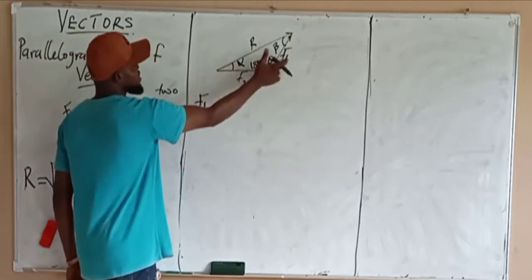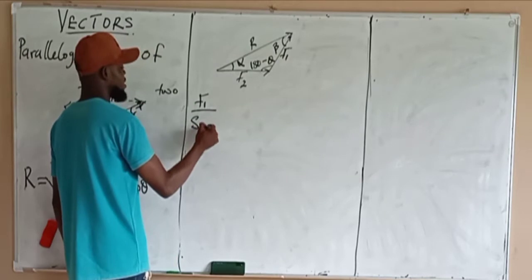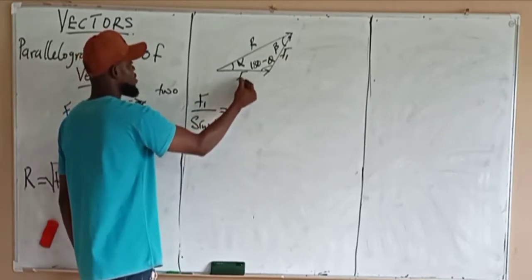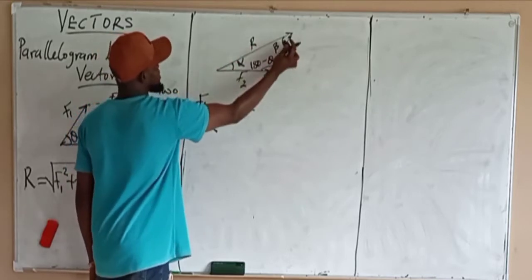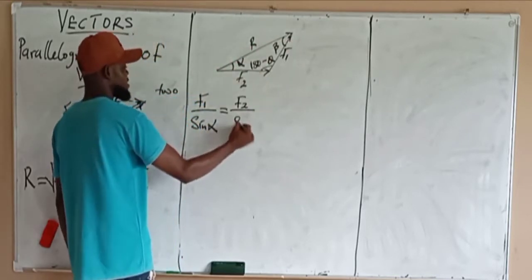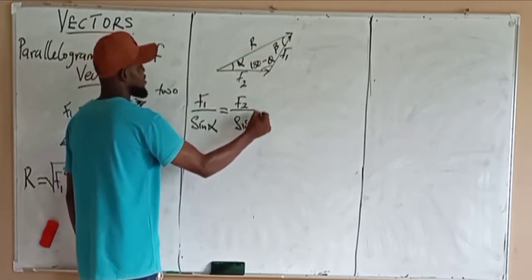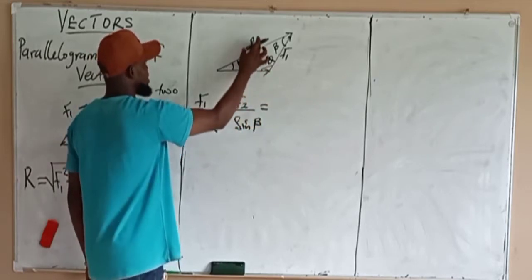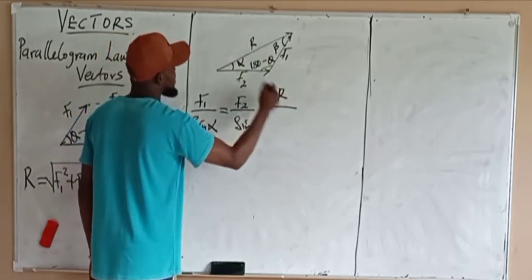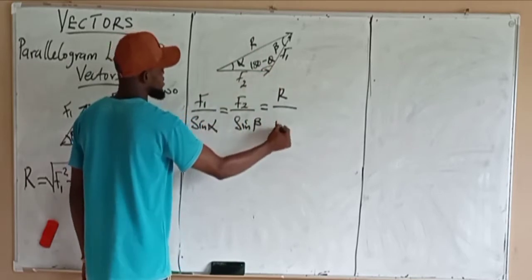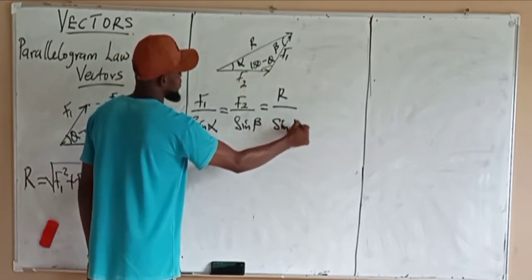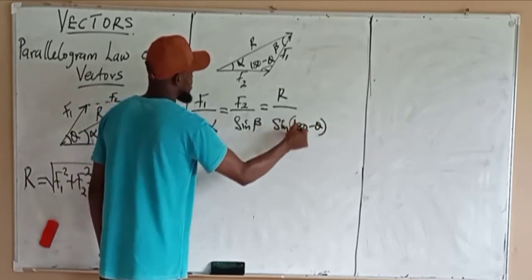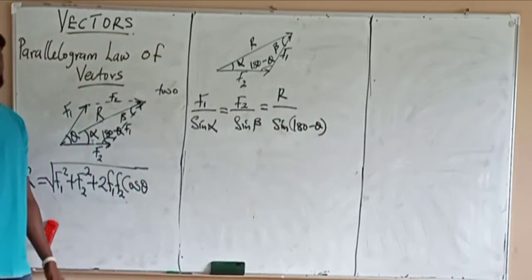This alpha is facing the F1. So take the sine of that angle and equate it to F2 over the sine of the angle facing F2. Look at it, beta is facing F2. Then let's take the resultant now, over the sine of the angle facing the resultant, 180 minus theta. So this one you will have from your sine.